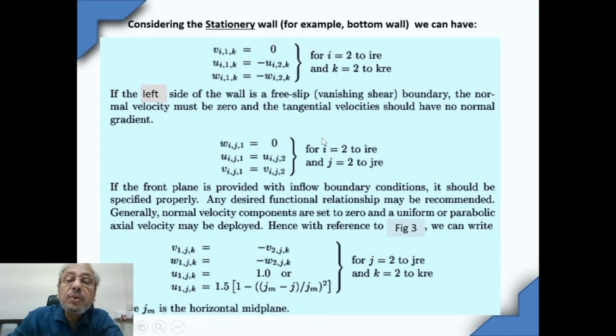We have to set up the boundary conditions in the following way: the normal velocity must be 0 on that plane, and tangential velocity should have no normal gradient.